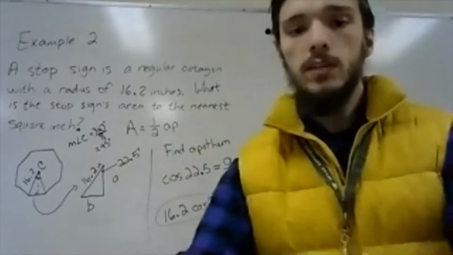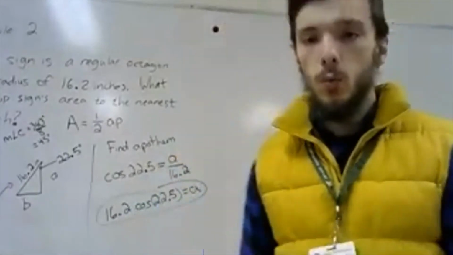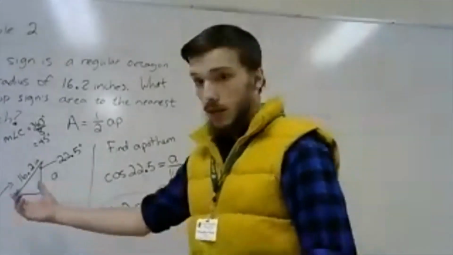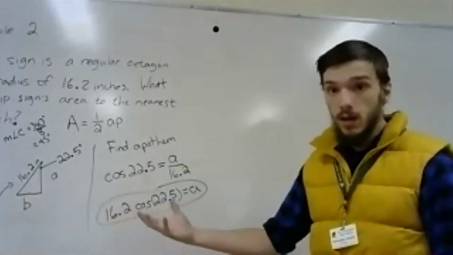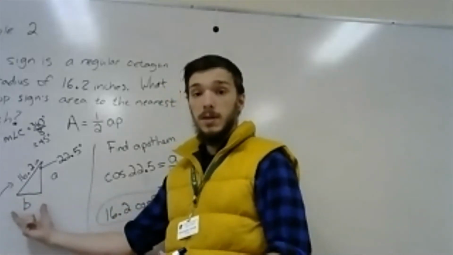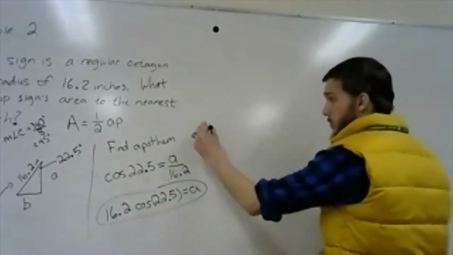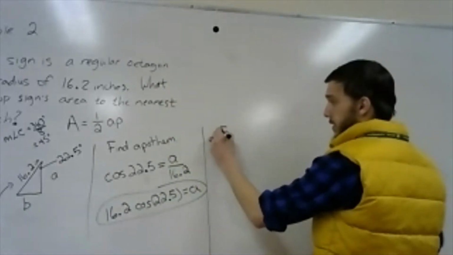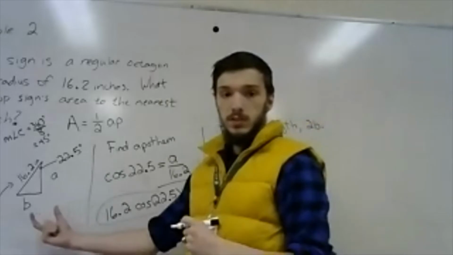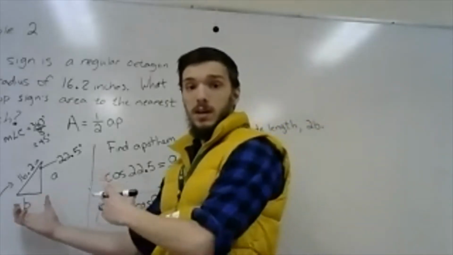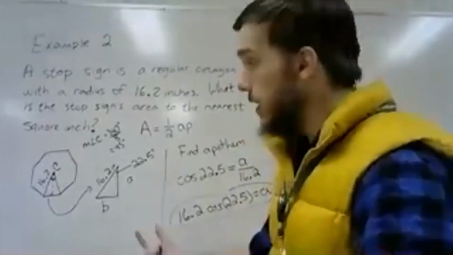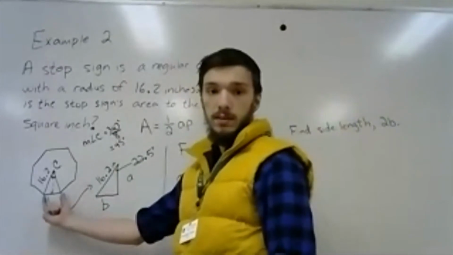Now we need to find P. To find P, we need to know the length of one of the sides of our octagon. If we find B, that'll help us. Since we pulled this right triangle out by bisecting our original triangle, we know that B is only half of one side of our octagon.